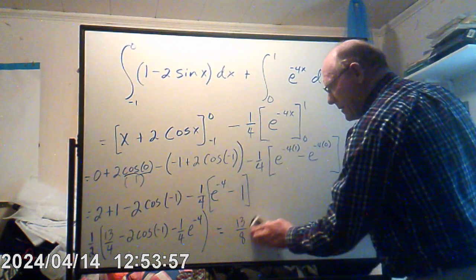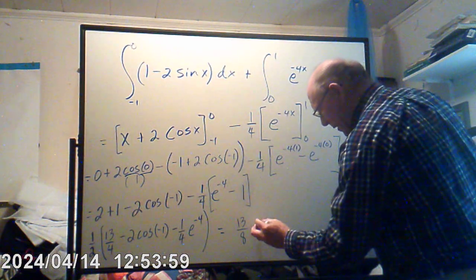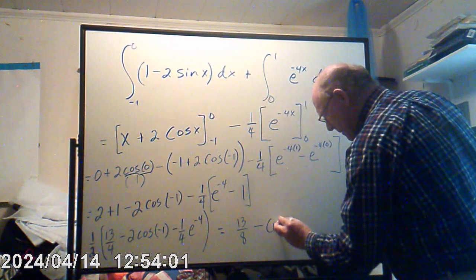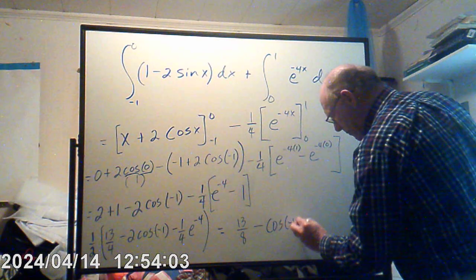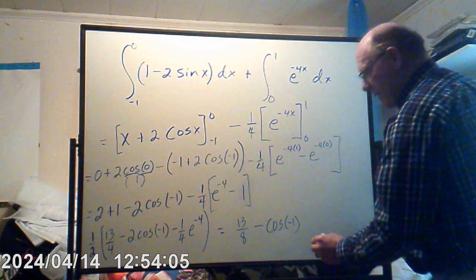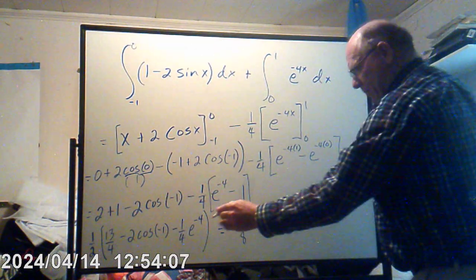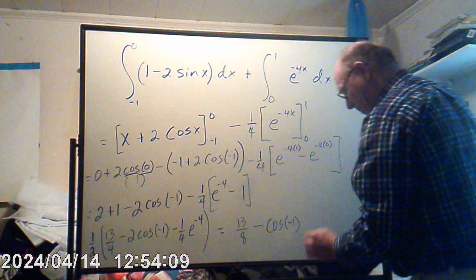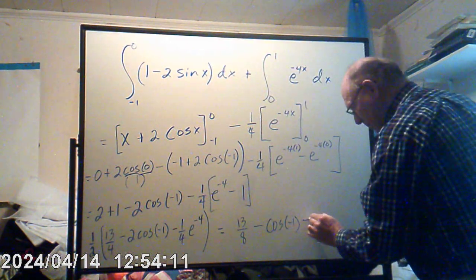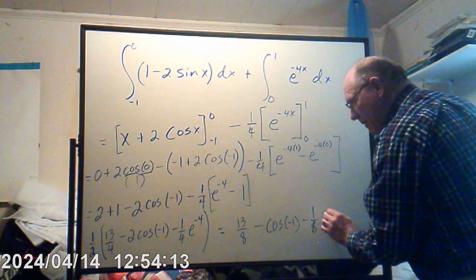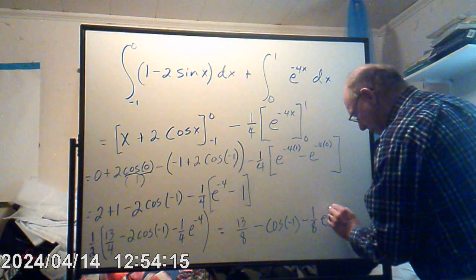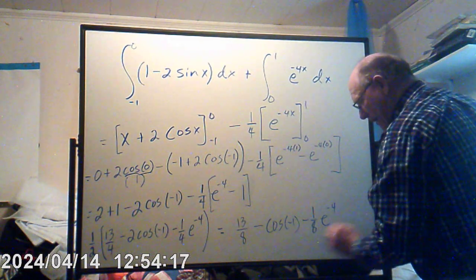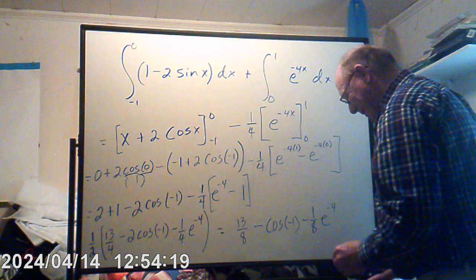So minus cosine -1. And then of course 1/2 times 1/4 is 1/8. So minus 1/8 e to the -4. And I'm hoping this is all good.